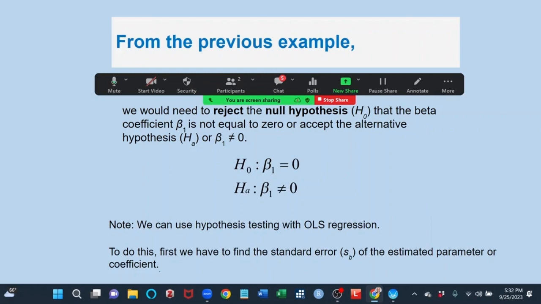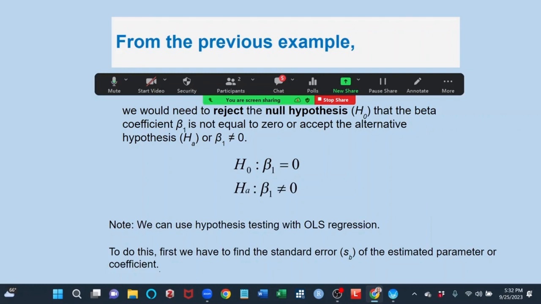So beta 1 equal to 0 is the null, and when we reject the null, we accept the alternative, not equal to 0. We can use this hypothesis testing with OLS regression.